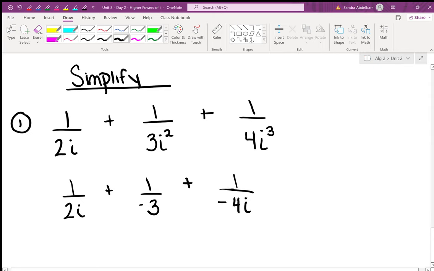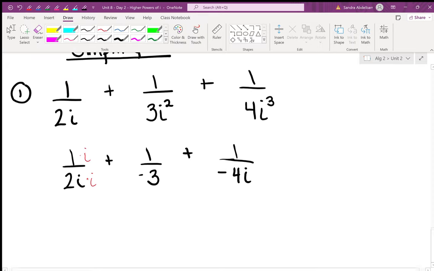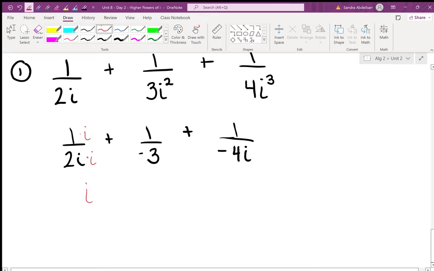All right, so now, before I create a common denominator, what must I do? What David told us? Rationalize. These are just monomials. Because they're just monomials, what do I have to multiply by to rationalize? Just i. So multiply by i in the first one, and I end up with i over negative 2.